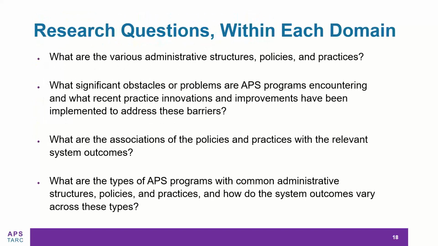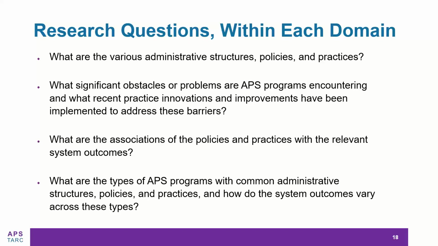Okay, next slide, please. Within each of those domains, we had a number of research questions. We wanted to know what the various administrative structures, policies, and practices were, what significant obstacles or problems APS programs are encountering, and what recent practice innovations or improvements they've implemented in order to address those barriers.